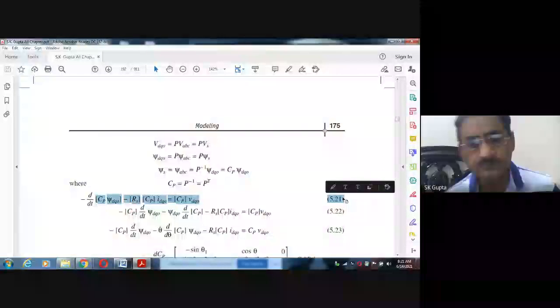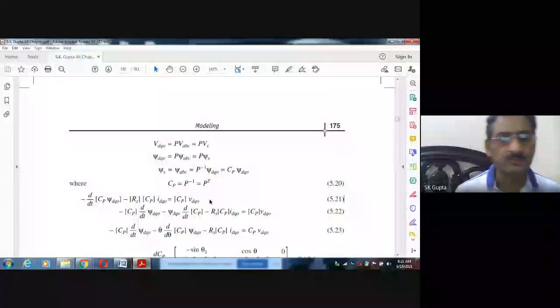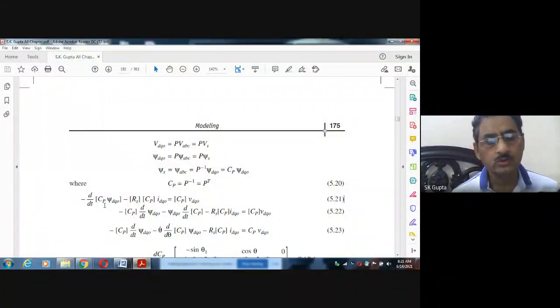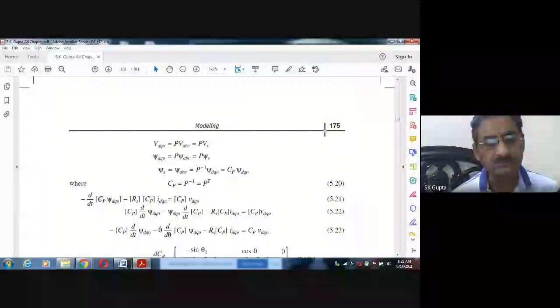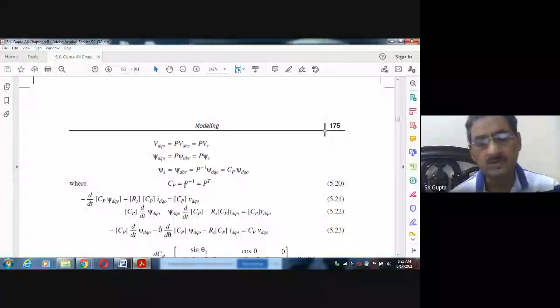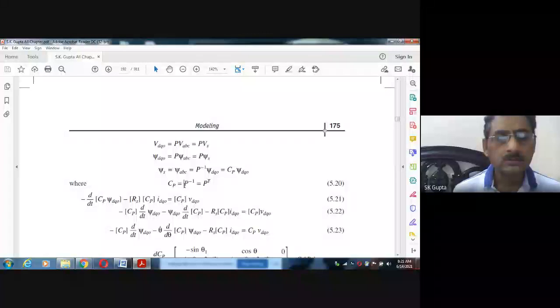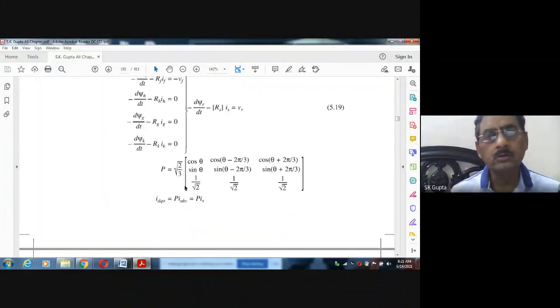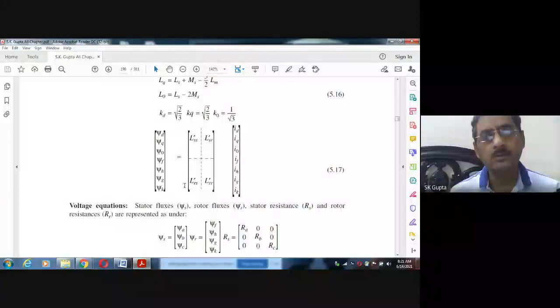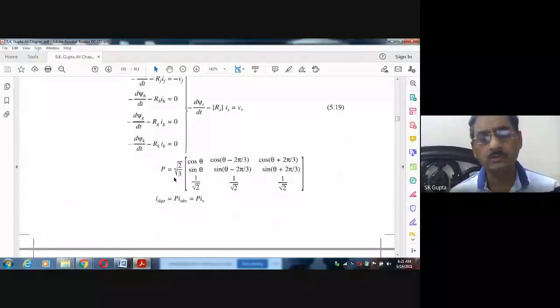Yes, sir. Okay. So this equation, because now we are trying to convert ABC into the DQ frame of reference. That's why ABC is replaced with DQ. Since Cp, what is Cp or what is P? P is a function of theta. And what is theta? Theta is the angle between the rotor and the rotating flux of the stator.